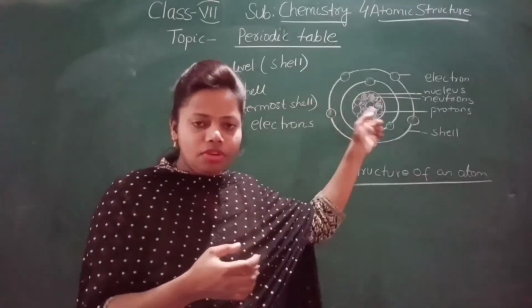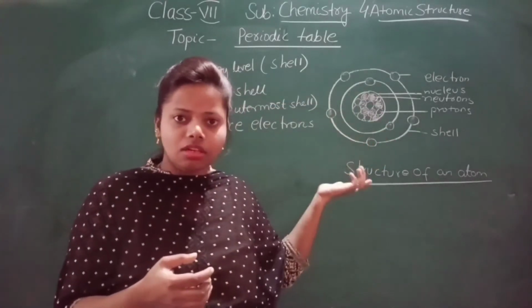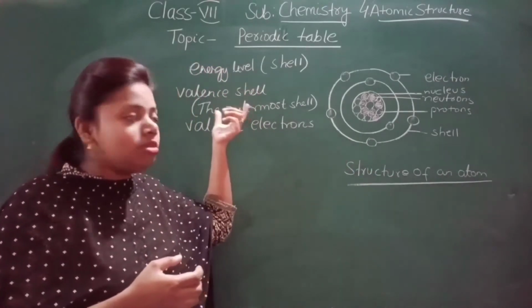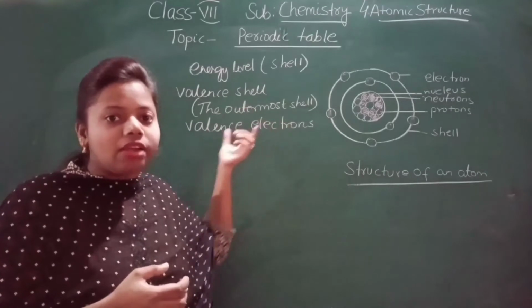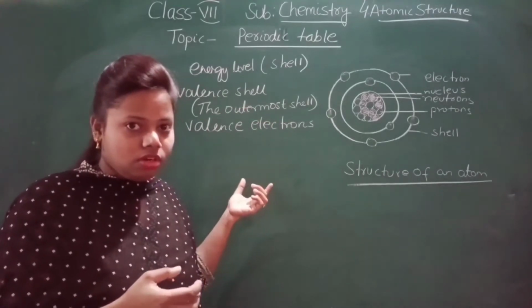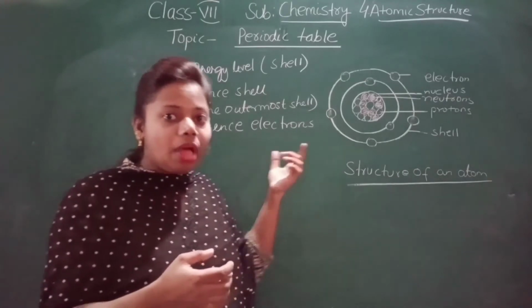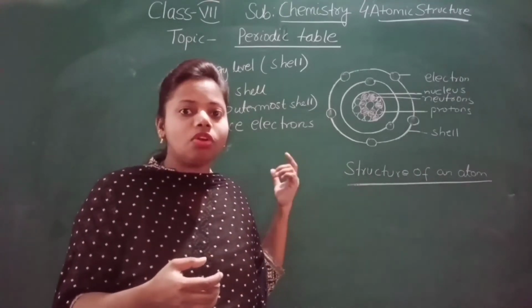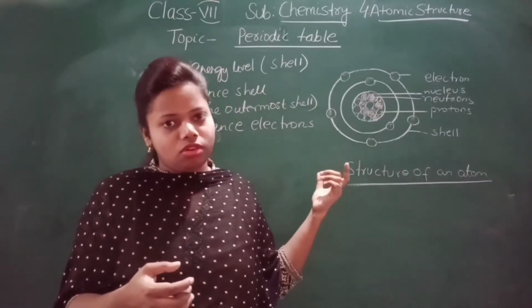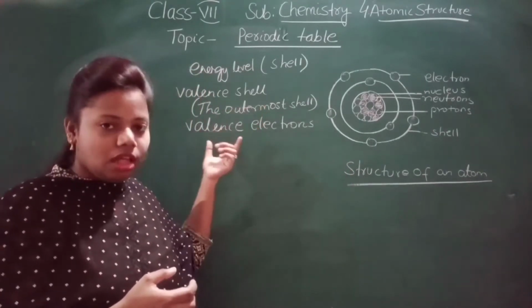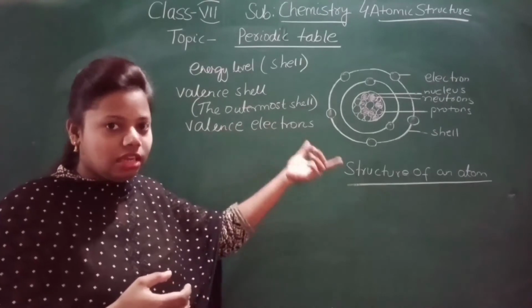Electrons are present in every cell: first cell, second cell, third cell. But the electrons present in the valence cell, that means the outermost cell, we call the valence electron. The electrons present in the valence cell of an atom, what do we call that? Valence electron. Valence electrons will be present where? In the valence cell, the outermost cell.